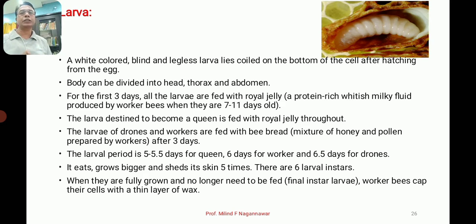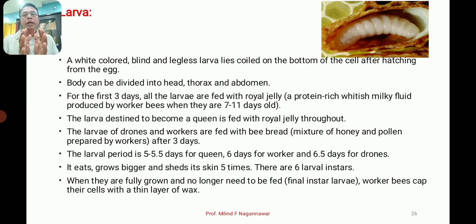In brief, after hatching of the eggs, the larva emerges, which is white in color, blind, and coiled at the bottom of the cell, and the body is divided into head, thorax and abdomen. All the larvae for the first 3 days are fed with the royal jelly.